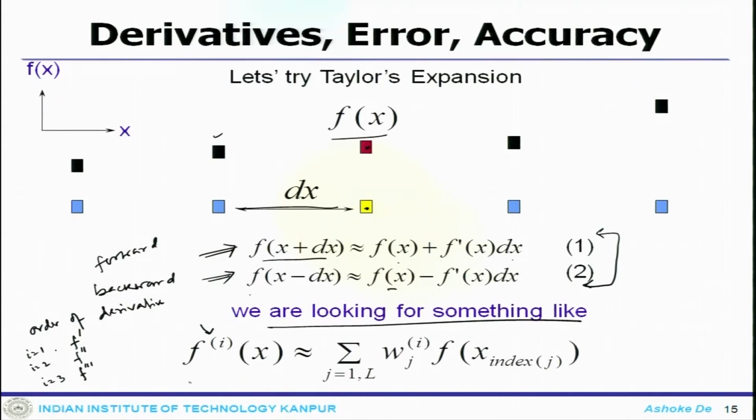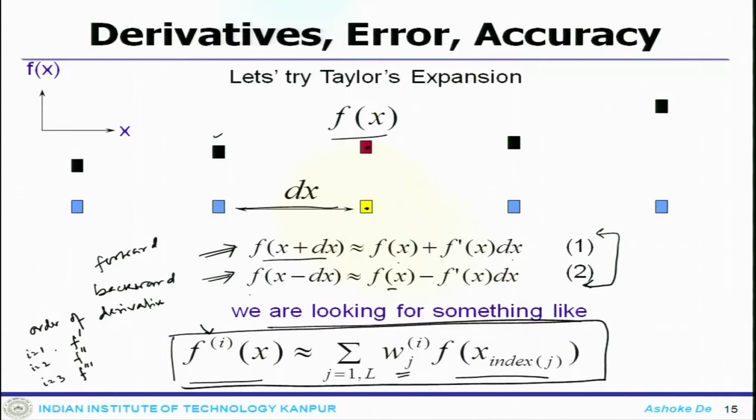So, it tells you the particular derivative that you are interested in, with some sort of a weight function, and then this index where the f x is defined. So, you want to write something like that, but in a more generic form. Once you come across this, then you can devise any derivative with any sort of points.